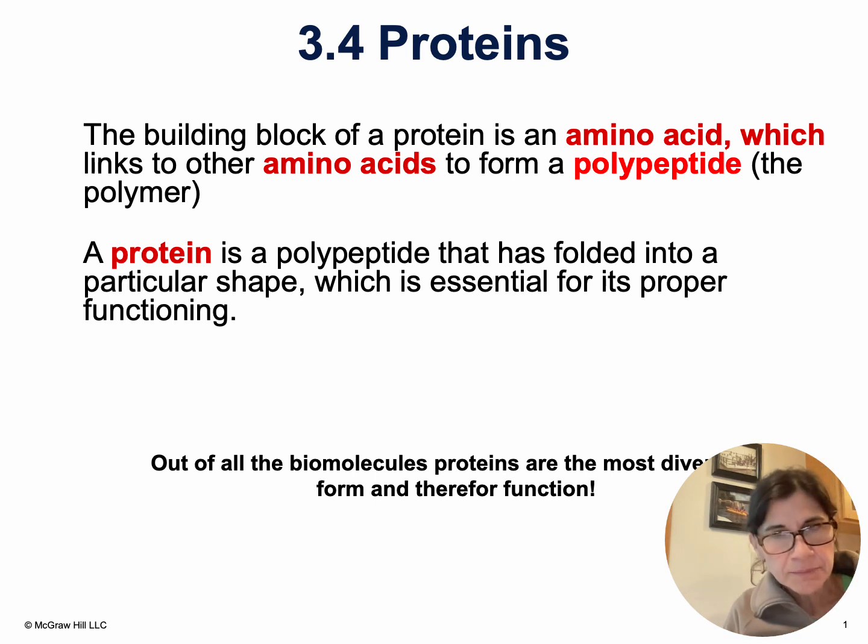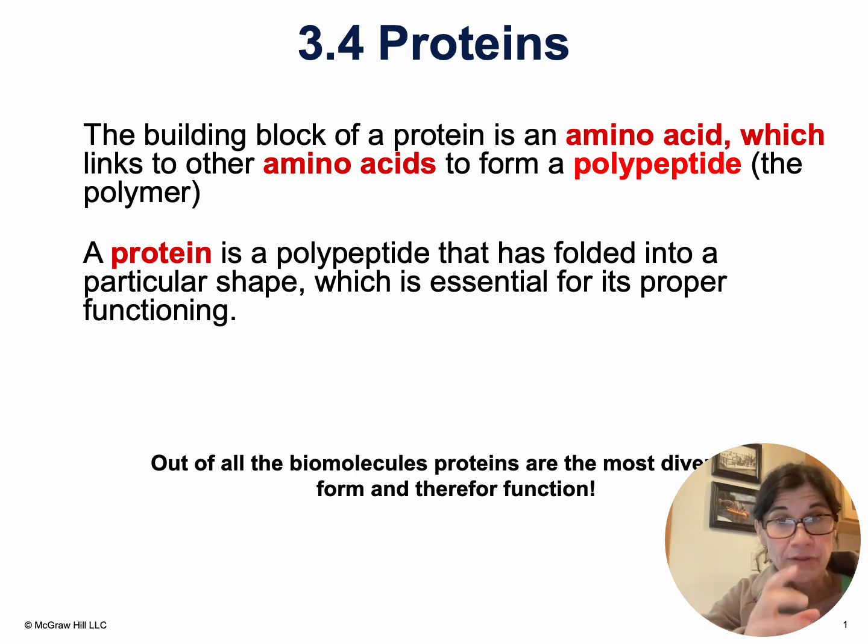The building block or the monomer of a protein is called an amino acid. I'm sure you've heard this word before, so we're going to discuss the structure of amino acids. Different amino acids, the monomer, will bond together, forming covalent bonds.